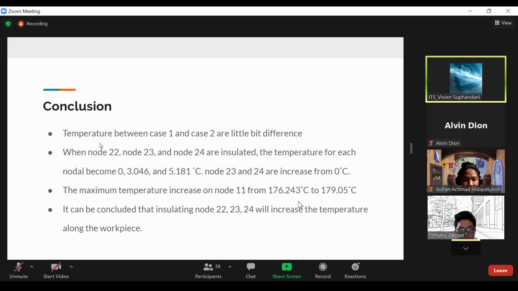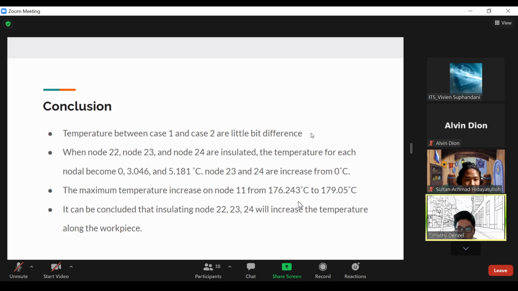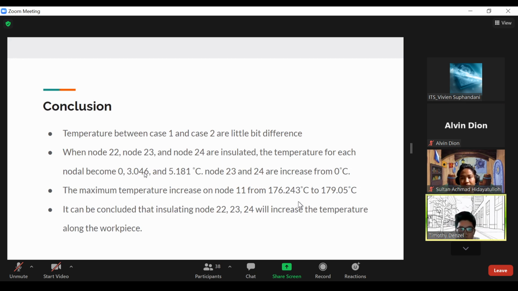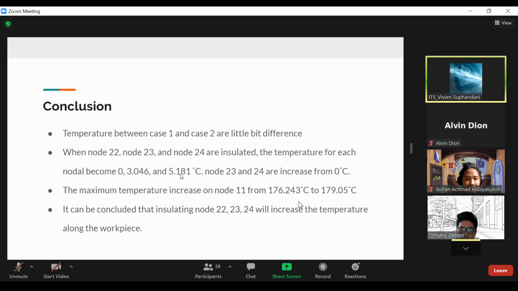The first conclusion is temperature between case 1 and case 2 are a little bit different. When node 22, node 23, and node 24 are isolated, the temperature for each nodal becomes 0.30546 and 5.181 degrees Celsius. Node 22 and 24 are increased from 0 degrees.